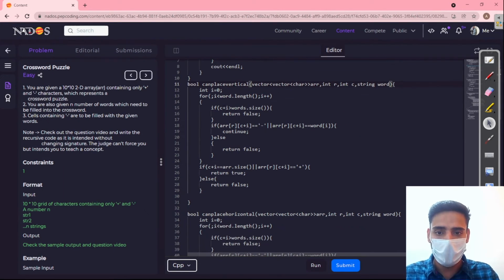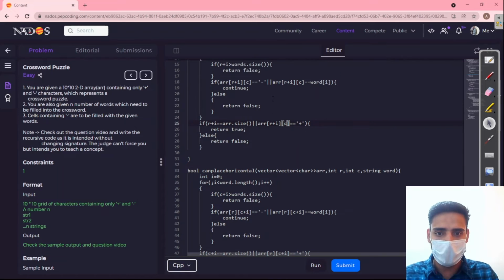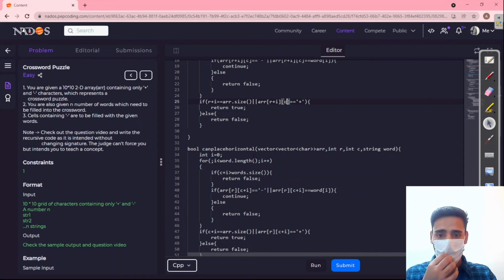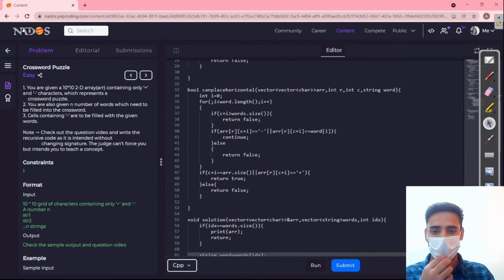Inside this, in place of columns, we are moving in rows. So R plus I, C will be the same, for all the checks. So this is the condition. Now canPlaceHorizontal and canPlaceVertical are done. Do you see? It is that easy.